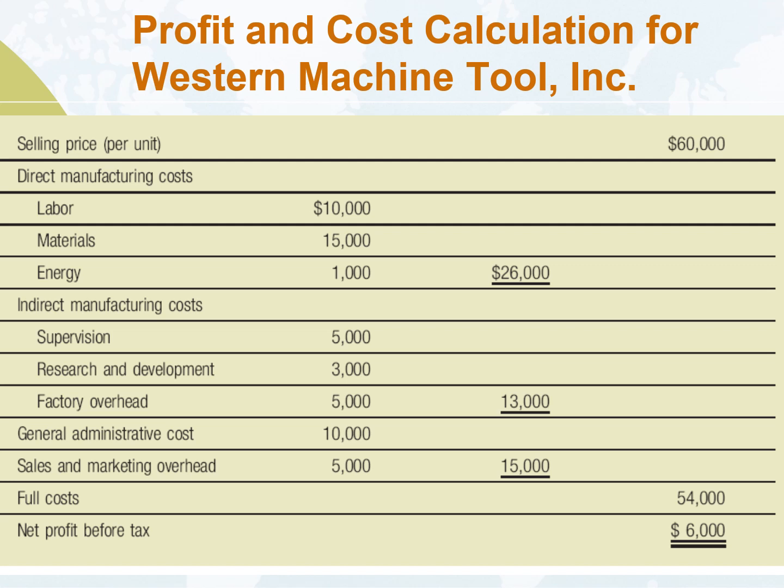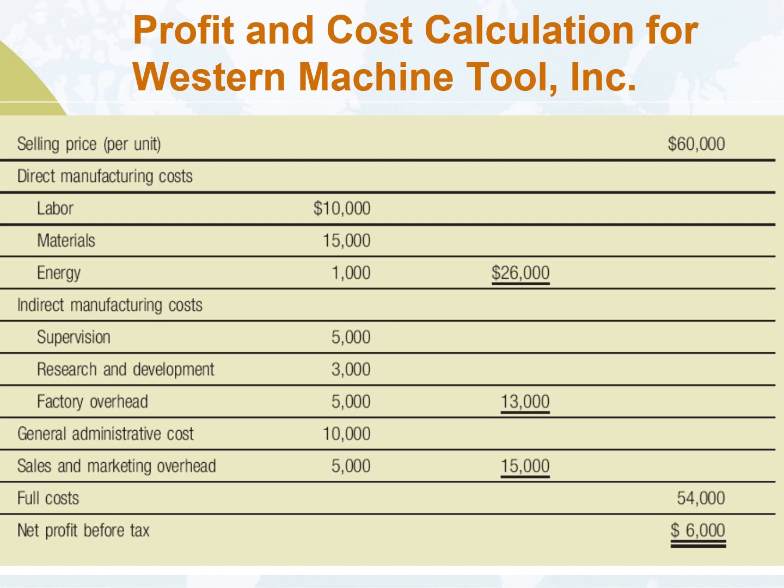Then the indirect manufacturing cost: supervisor salary 5,000, R&D 3,000, overhead 5,000, altogether 13,000. Then there's a general administrative cost, G&A from corporate 10,000, sales and marketing overhead 5,000, that's 15,000.